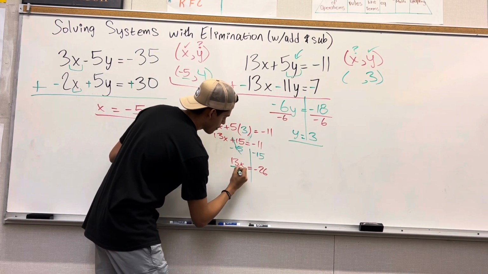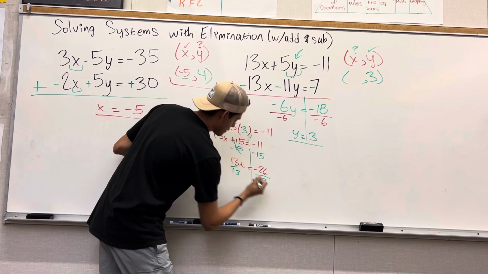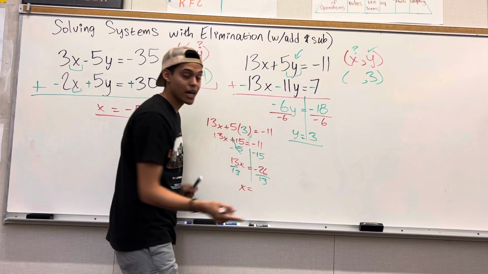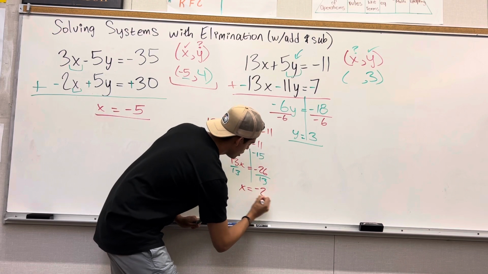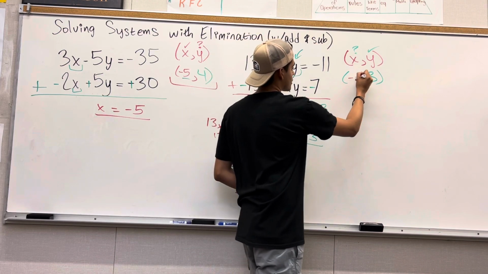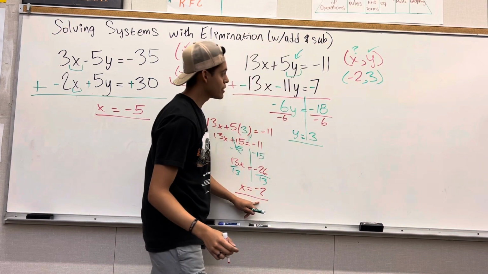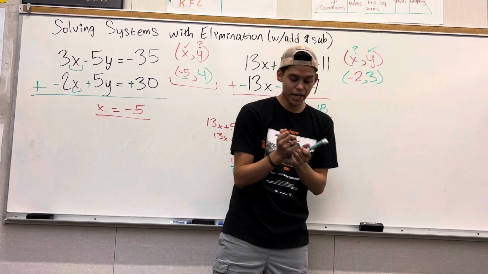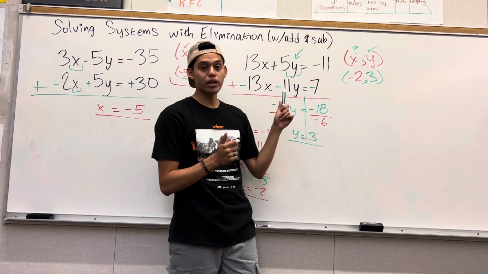Divide both sides by 13. Then we have x equals negative 26 divided by 13, which is negative 2. So there you go. Our x is going to be negative 2, so our coordinate point is going to be negative 2, 3, and that is where these two equations intersect.